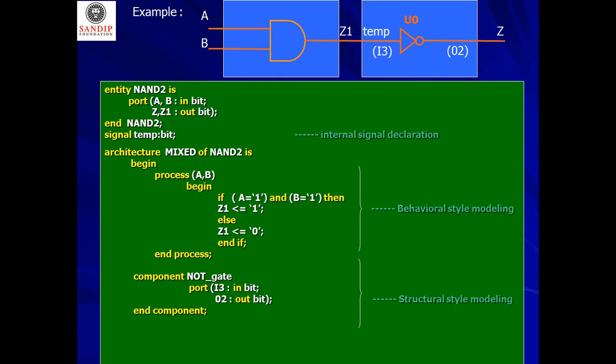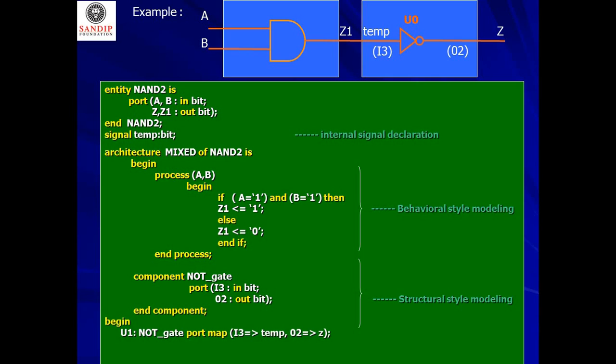Component NOT_gate, port I3 colon in bit, O2 out bit. Second part we are going to describe using the structural modeling. Hence, only one component NOT gate is present, hence we have declared that component.